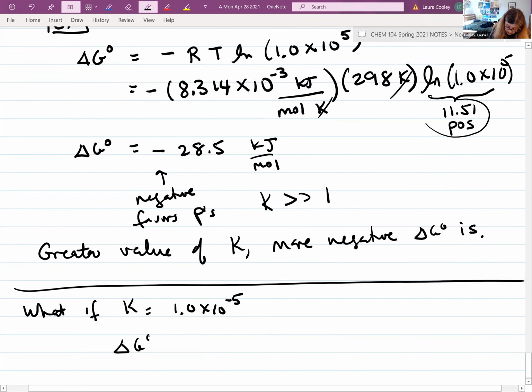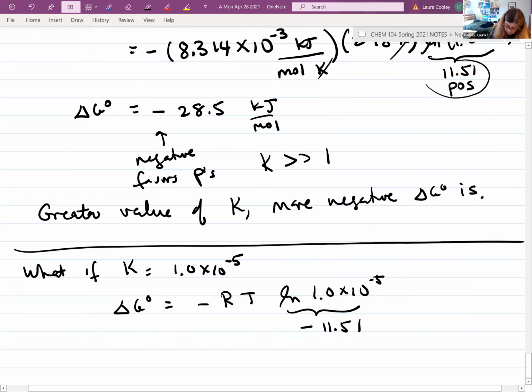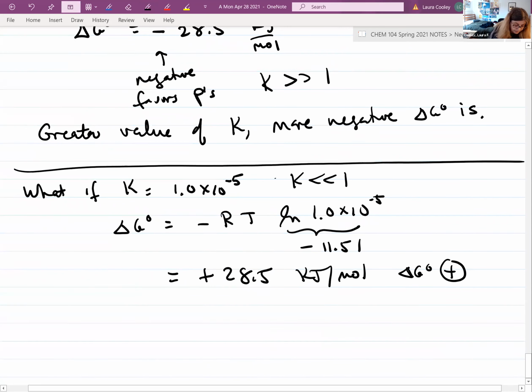So delta G zero is minus RT log 1 times 10 to the minus 5th. So this would be negative 11.51. Multiplied by everything else, it comes out to positive 28.5 kilojoules per mole. So you could see that you have K being less than 1, and you have a delta G zero that's positive.